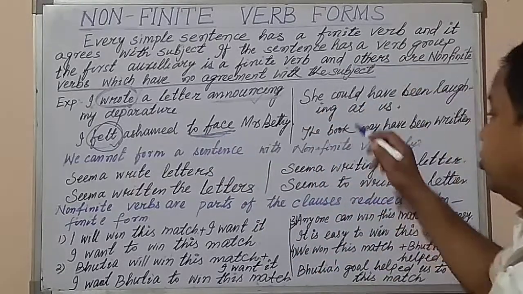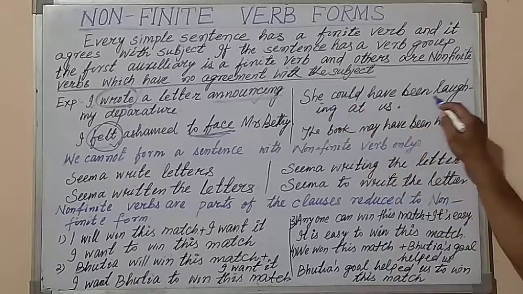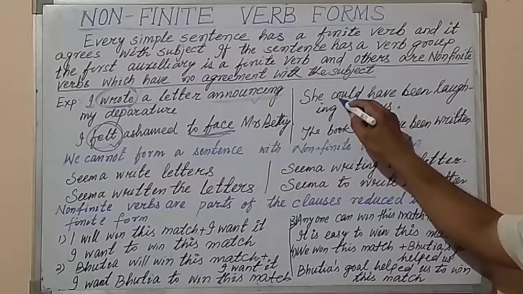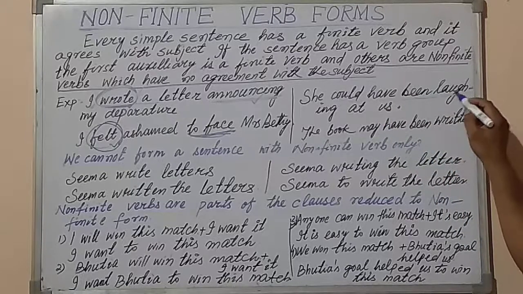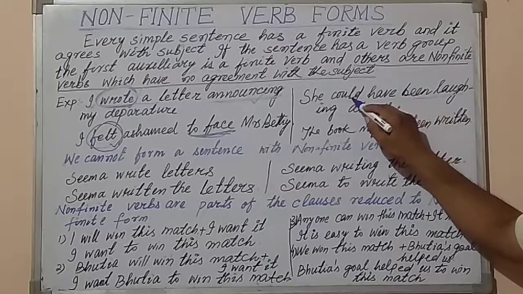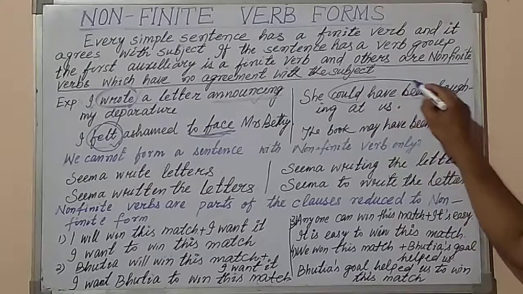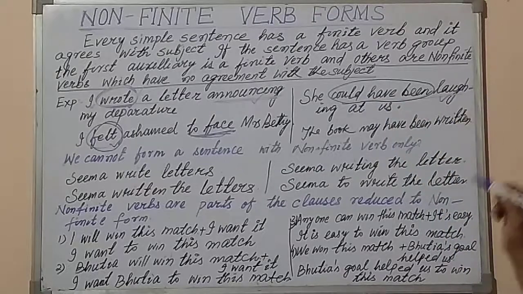And next you see the example here. She could have been laughing at us. This is a group of verbs: could have been laughing. Could, have, been are three auxiliaries, and laughing is the main verb.